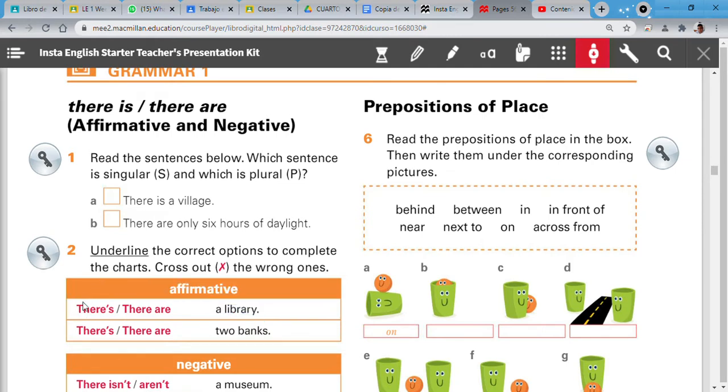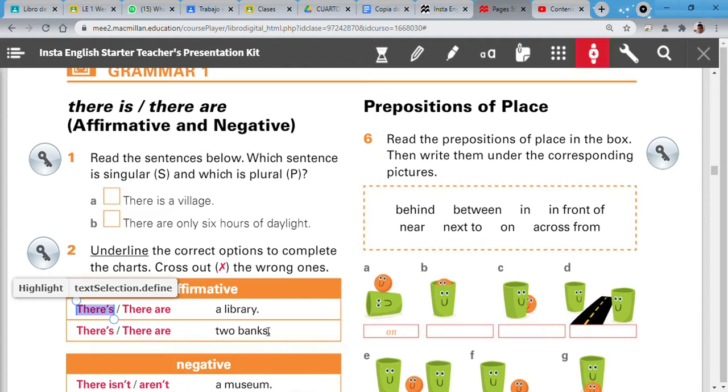Exactly, there's. In this case, is the full form there is, and here it says there's is a contraction. It's the same. So this is the answer, there's. This is correct, and this is incorrect. Now, when I use plural, 2 banks, 3 banks, 4 banks, 5 banks, 10 banks, 100 banks.